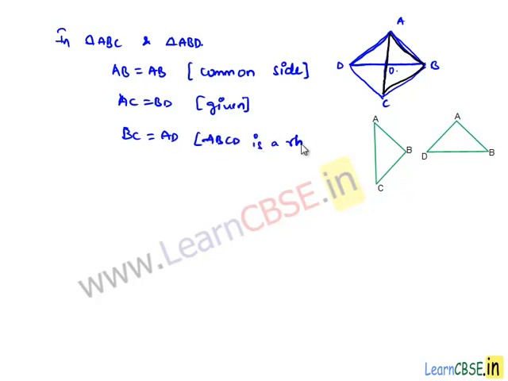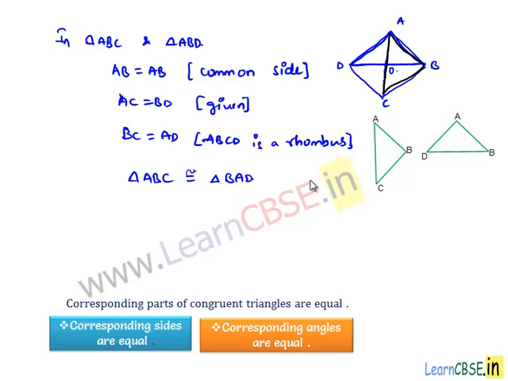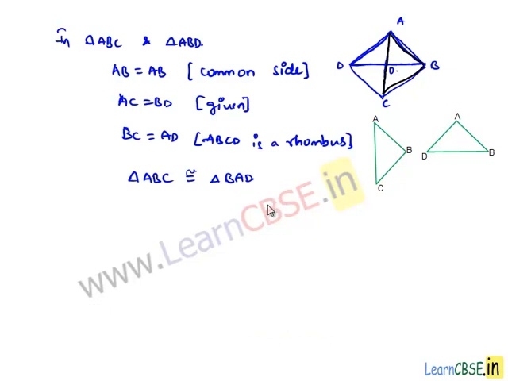So the three corresponding sides in the two triangles are equal, therefore triangle ABC is congruent to triangle BAD. And we know that when two triangles are congruent, their corresponding angles and sides will be equal. Therefore we can say angle ABC is equal to angle BAD, the corresponding angles.